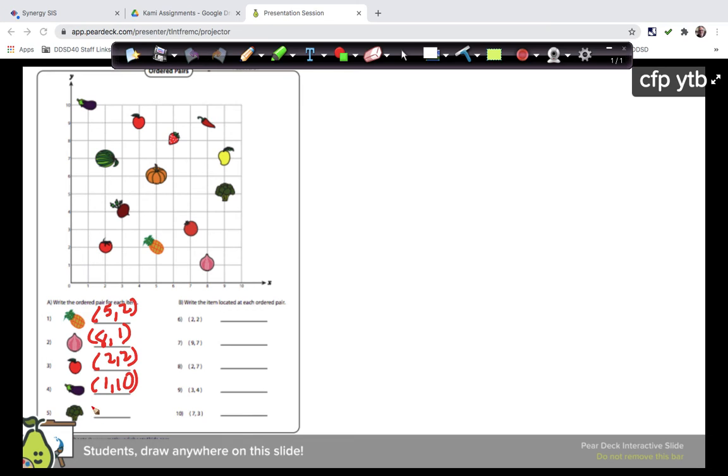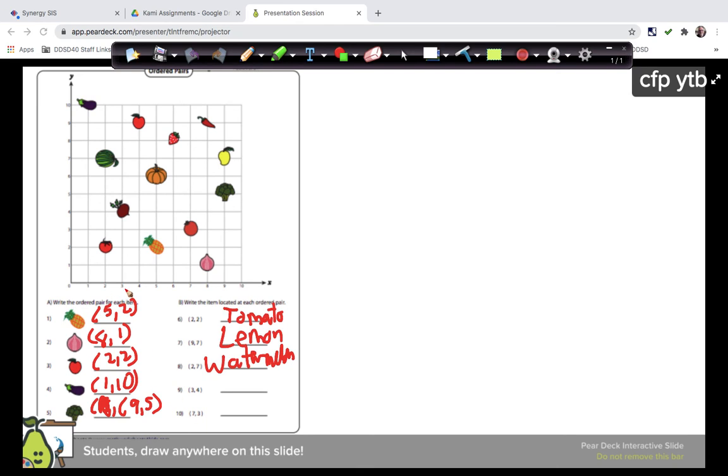It's at 9.5. And the tomato is at 2.2. And what do we have at 9.7? Looks like a lemon maybe. And 2.7 looks like watermelon. Sorry about the bad writing.